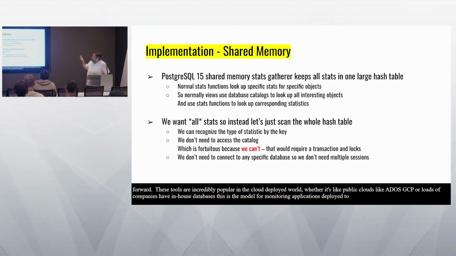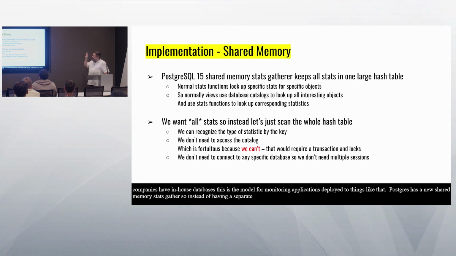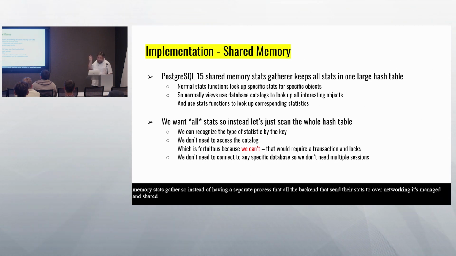So, as I mentioned, Postgres has a new shared memory stats gatherer. So instead of having a separate process that all the backends send their stats to over networking, it's now managed in shared memory. And that means it's actually fairly straightforward to have a... So the way the stats views work today is you connect via SQL, you run a query that calls a function.